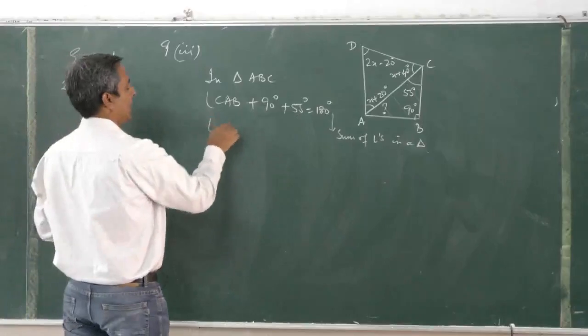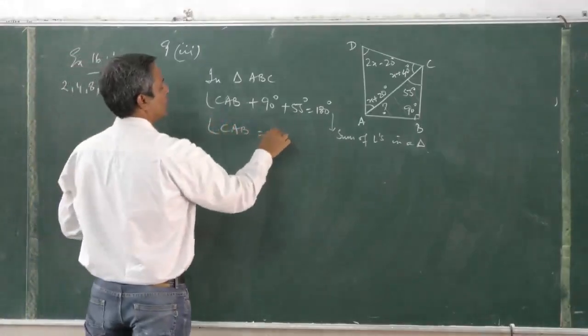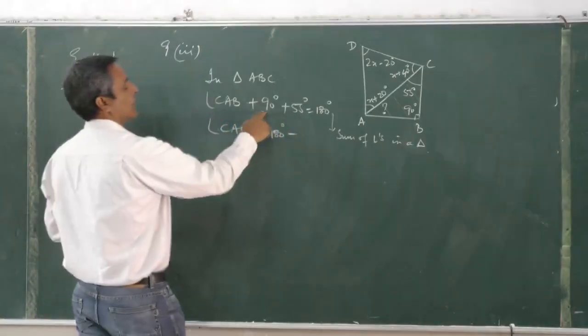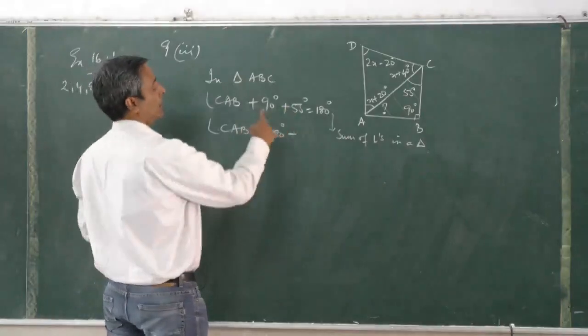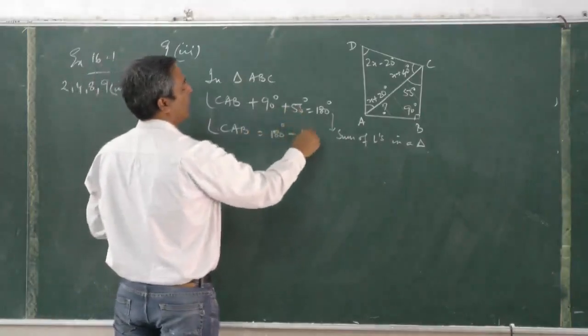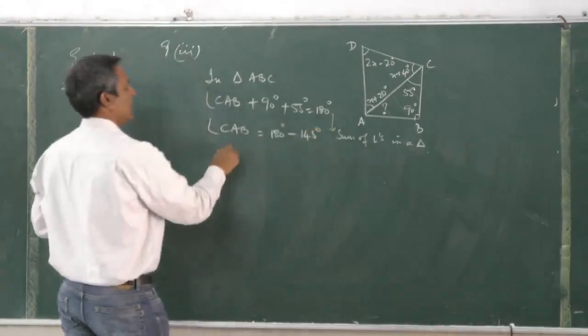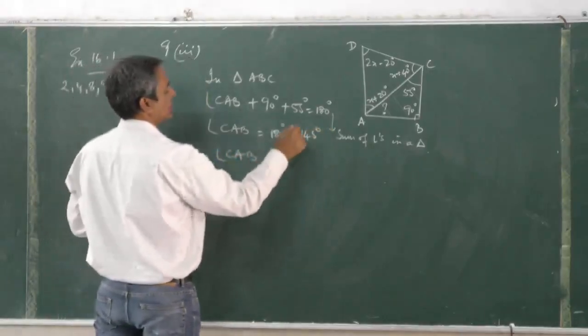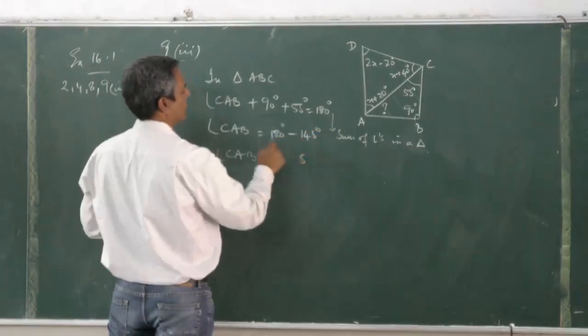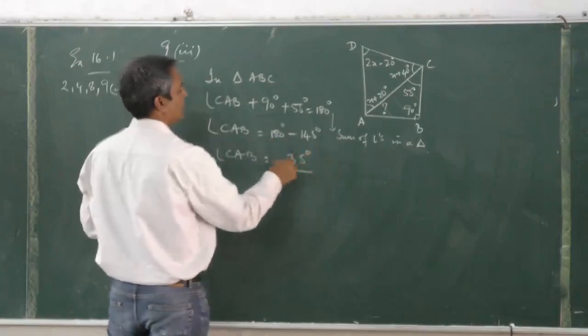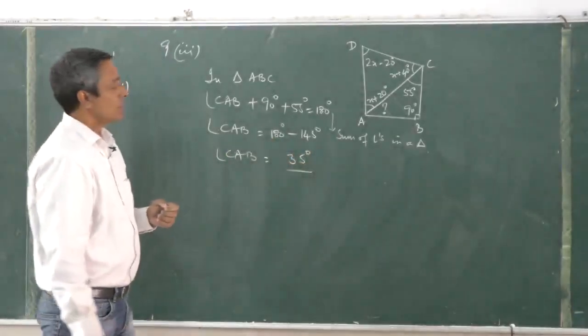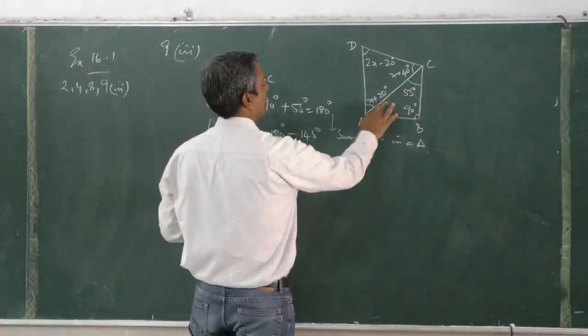Now I can find angle CAB. It is 180 degrees minus 90 plus 55, which is 145. Just check that. Angle CAB is 35 degrees. So we have found this angle.